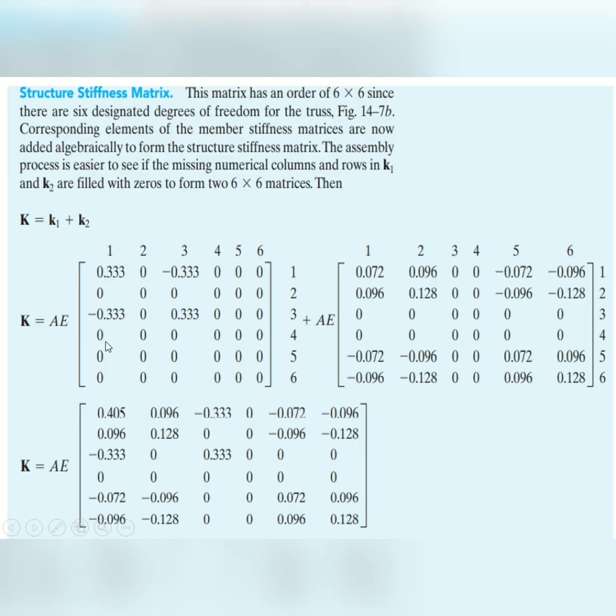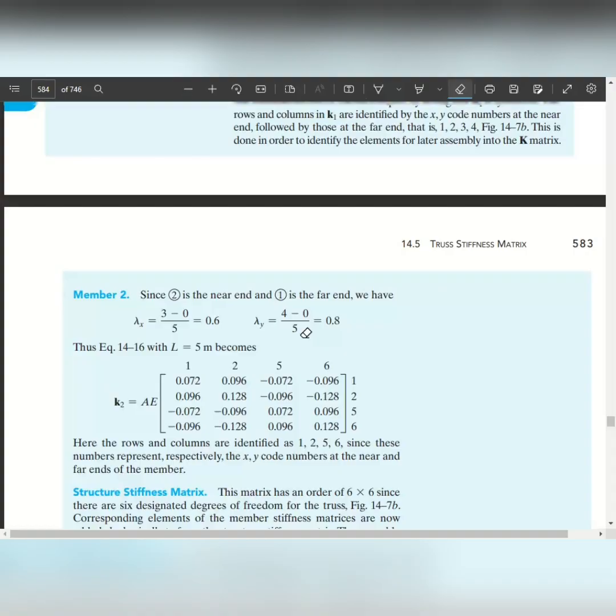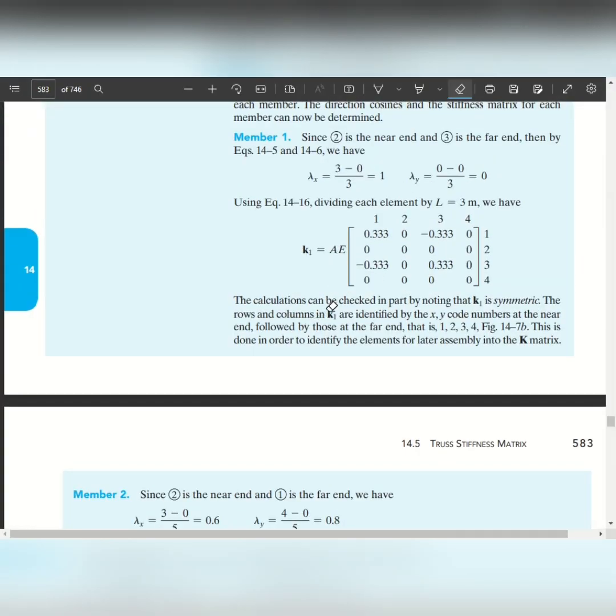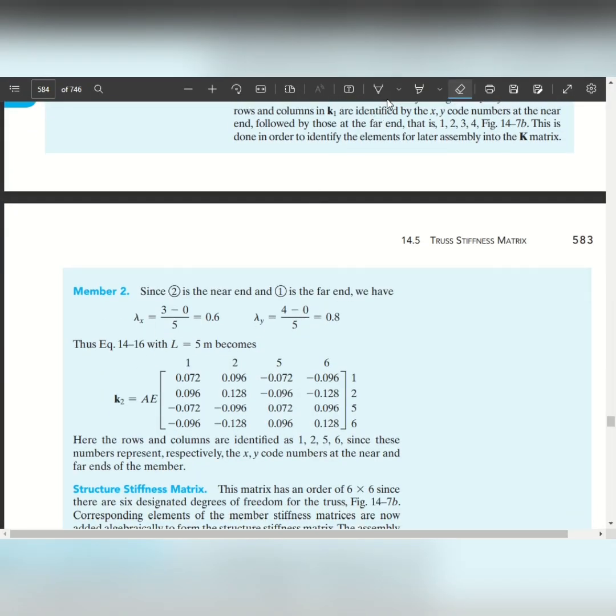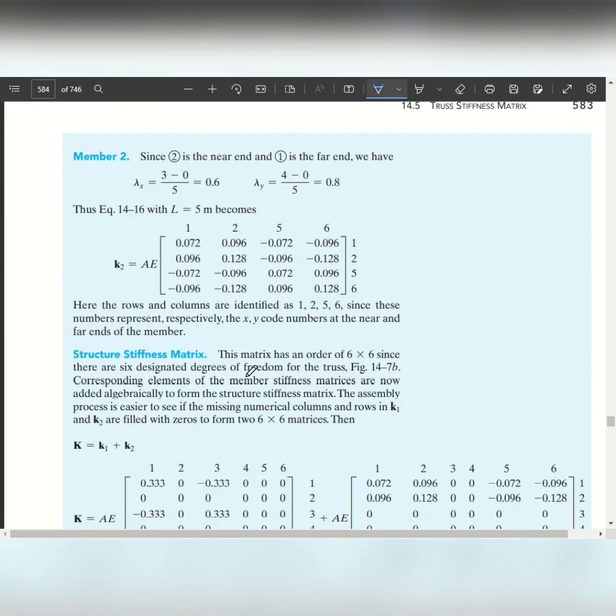So now we have solved K1 and K2. This is the K1 equation, which is for member 1, and this is K2, which is for member 2. So we get the K1 and K2 values. Now we make the general equation.